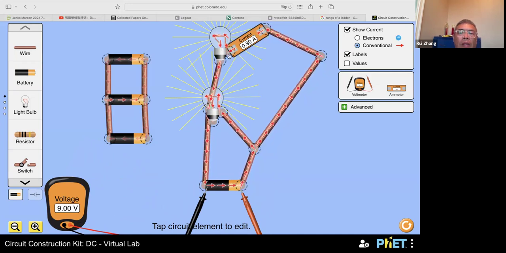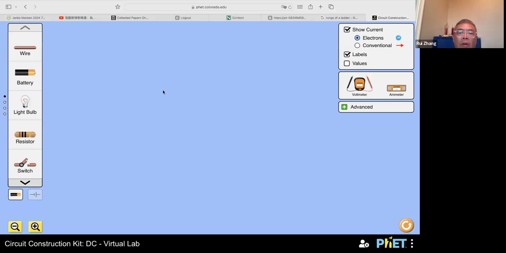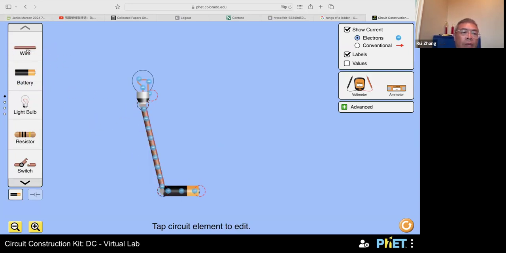Now, what about the brightness of your light bulbs? You can probably see this. For example, let's keep just one battery and one light bulb. Choose conventional. This is how bright it is.